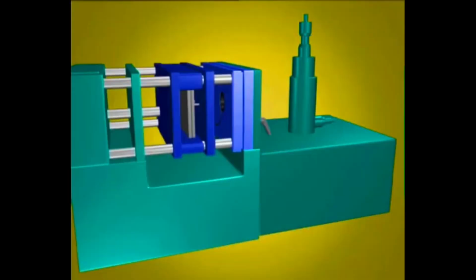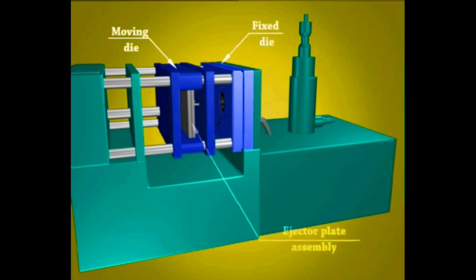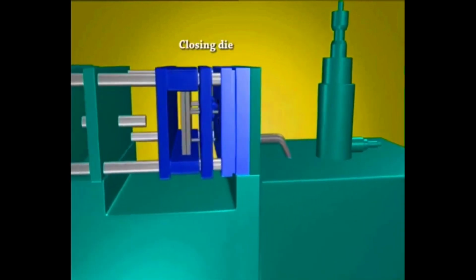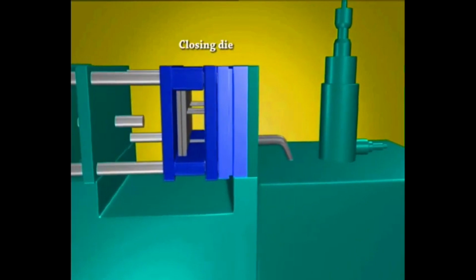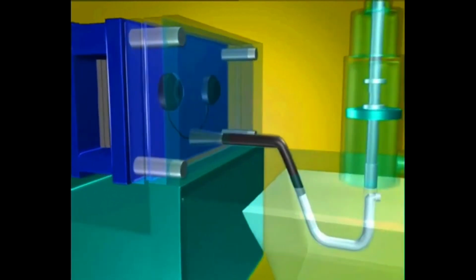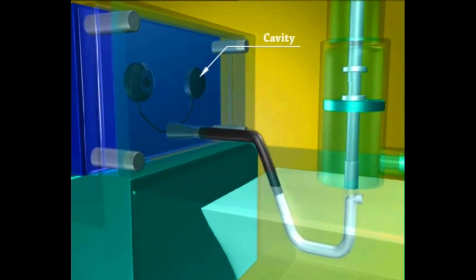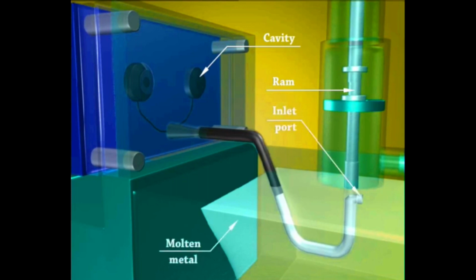Hot chamber die casting. Let us see a 3D model of a hot chamber die casting machine. The hot chamber die casting machine has moving die, fixed die, ejector plate assembly, furnace, closing die, cavity, ram, inlet port, molten metal, and inlet nozzle.